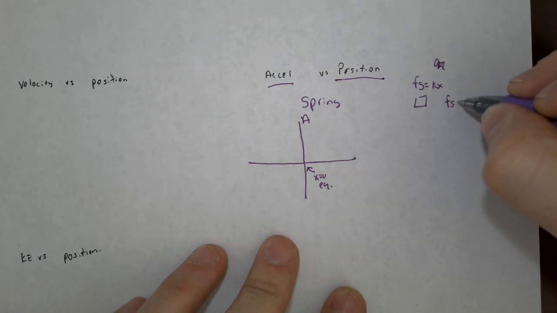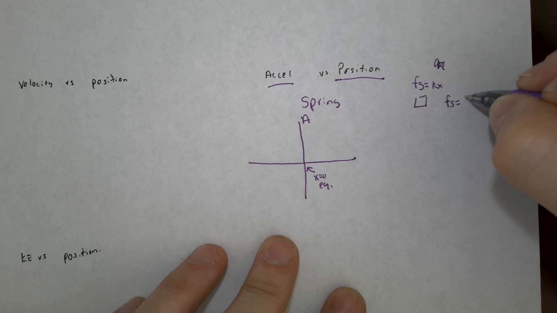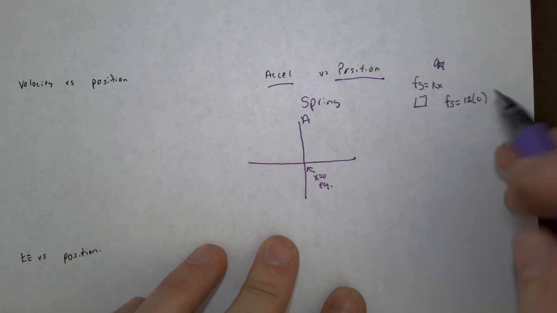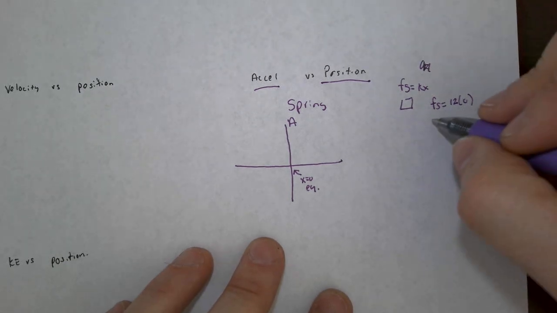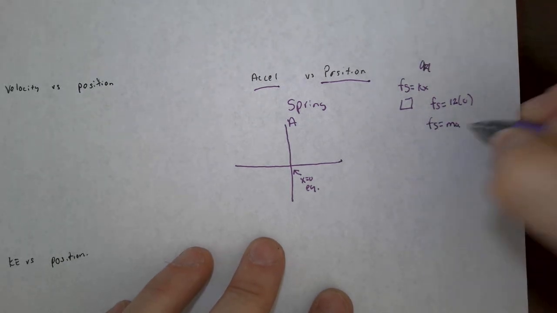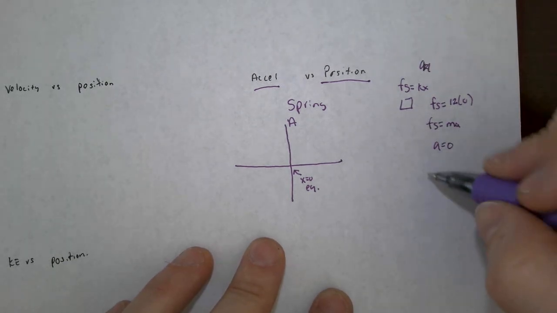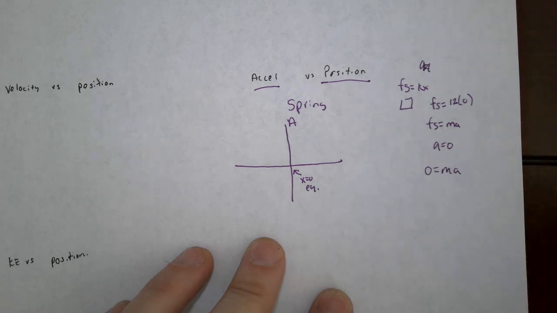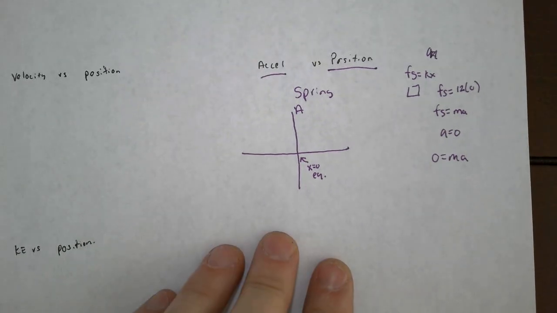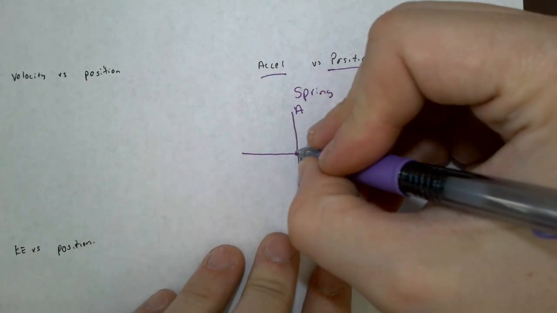So that means the force of a spring at equilibrium, let's just pretend that k is 12 and x is 0. That means there's no force. If there's no force, force of a spring is equal to ma. A is 0, because that means that 0 is equal to ma. All right. Well, that means that the acceleration at this dot is 0.